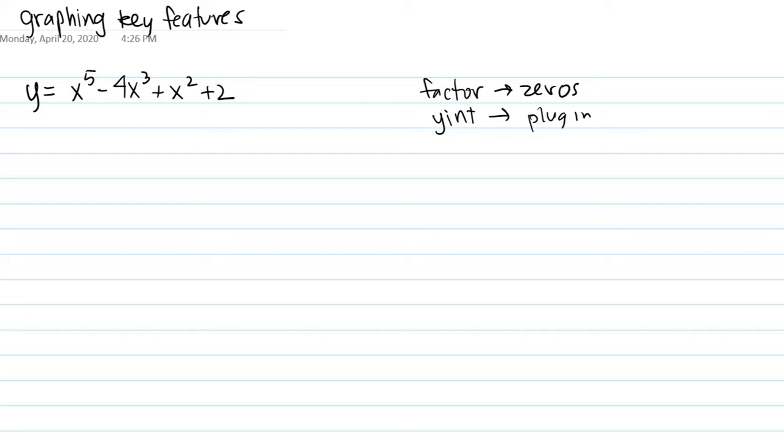Then we're going to graph on our CAS in order to find any turning points or maxes or mins. And then from there, we will just sketch it. So let's head over to our CAS.